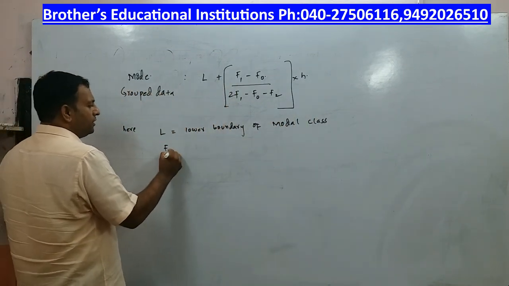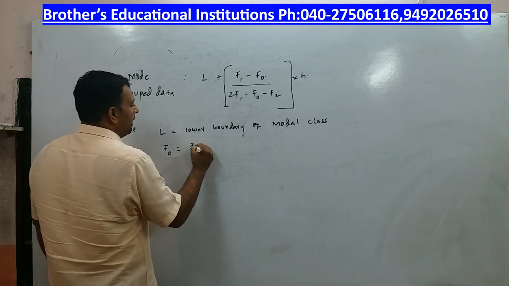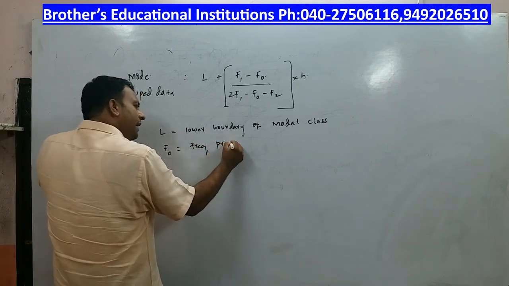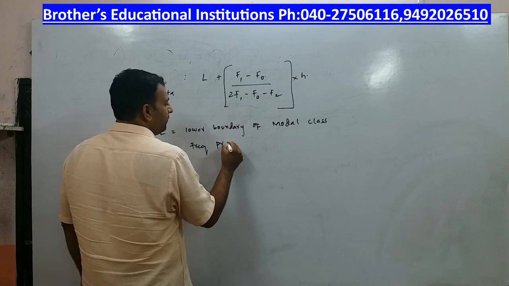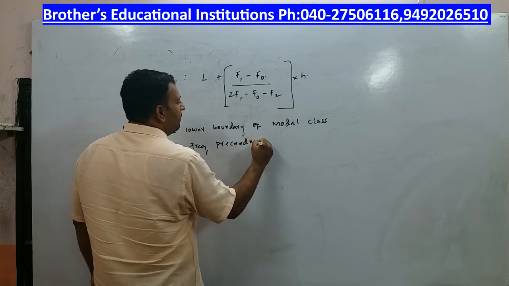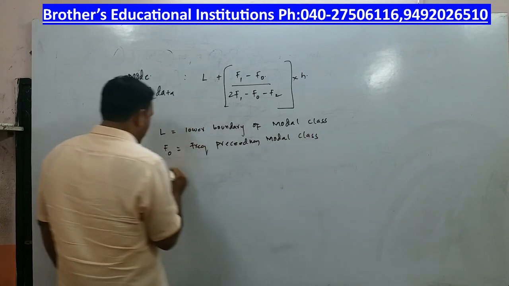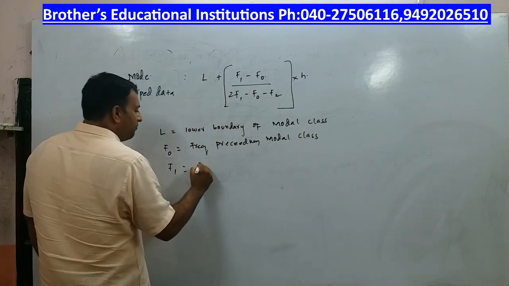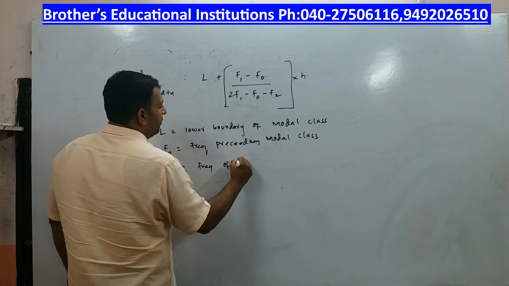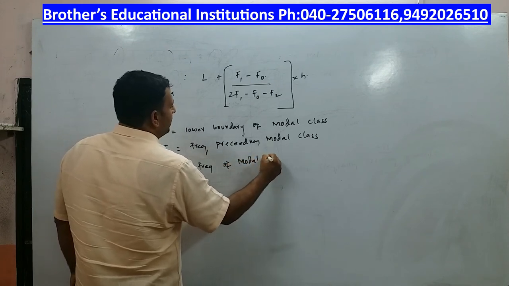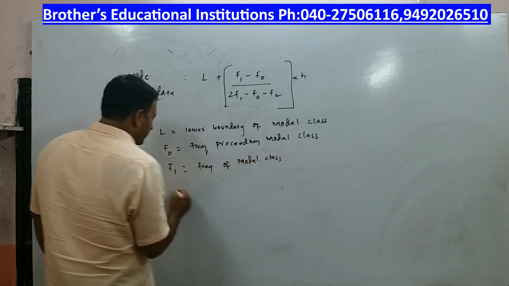What is F0? F0 is the frequency preceding modal class. What is F1? F1 is the frequency of modal class. Now what is F2?